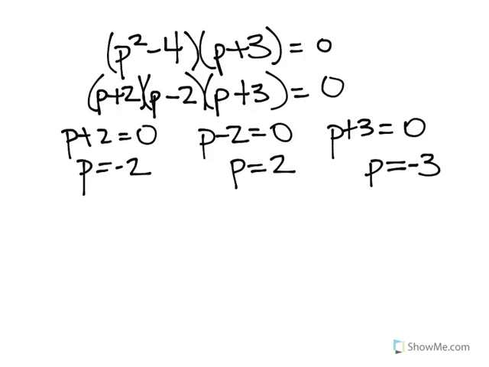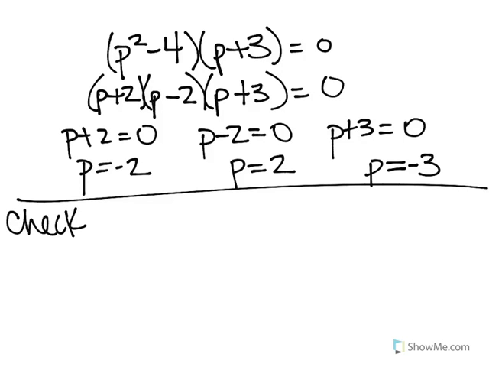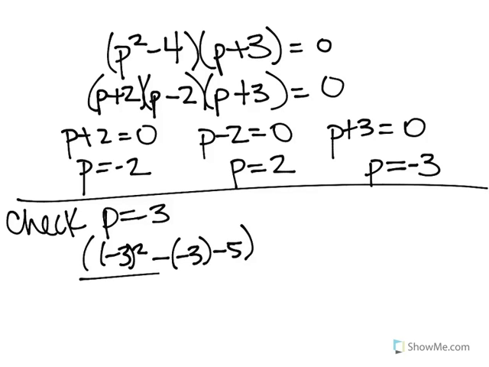Now, in order to determine whether or not all of these are right, you have to check each of your answers. So the first thing we're going to do is try p equals negative 3. That means in our original equation, everywhere we see a p, we're going to plug in a negative 3. So we get negative 3 squared minus negative 3 minus 5 over negative 3 plus 1.